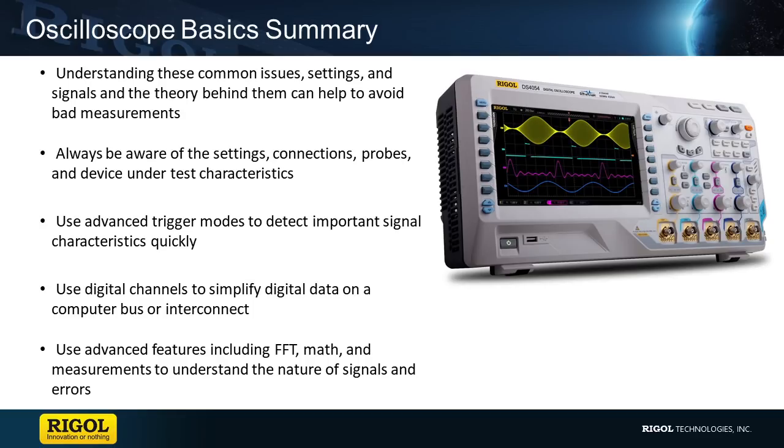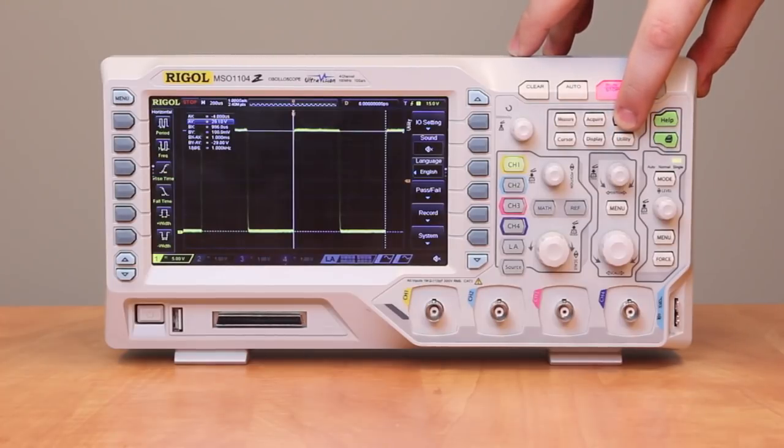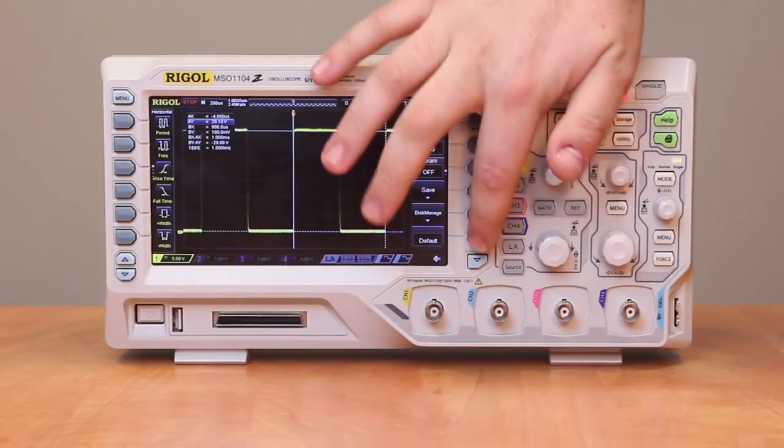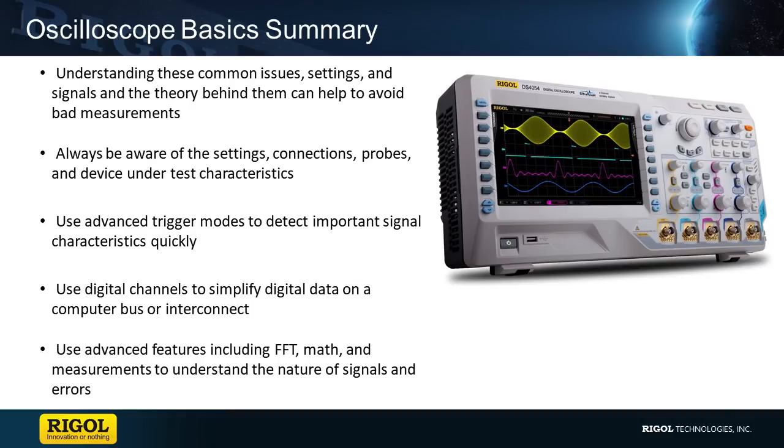One thing that's always good to remember on these scopes: if you go into the storage menu, the bottom menu item is called default. If you hit that button, it'll reset to normal settings. A great way to get back to stage 0 if you think one of the settings might have got messed up and it's doing something a little funny.